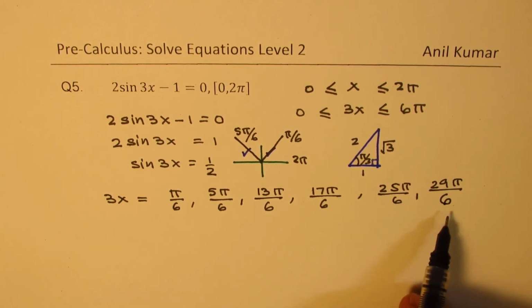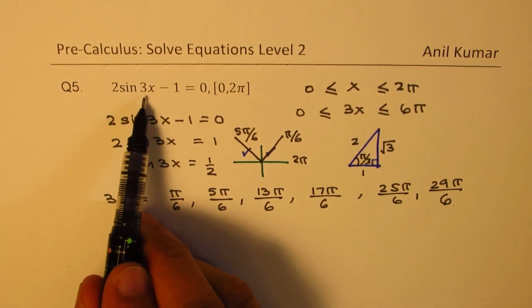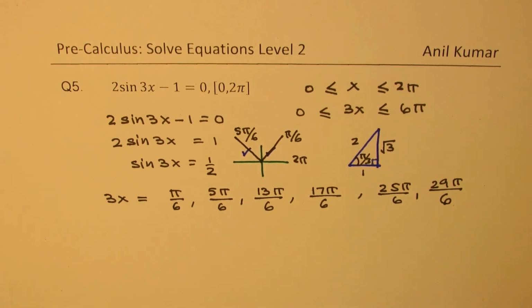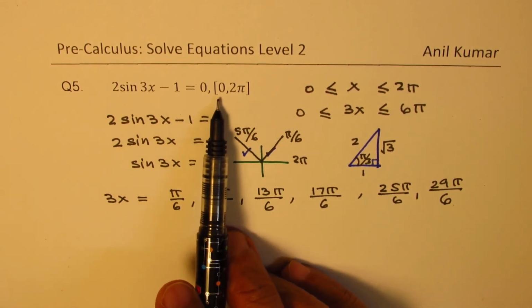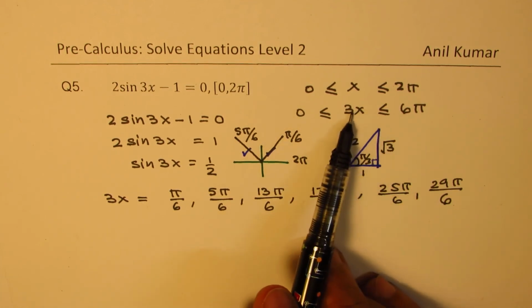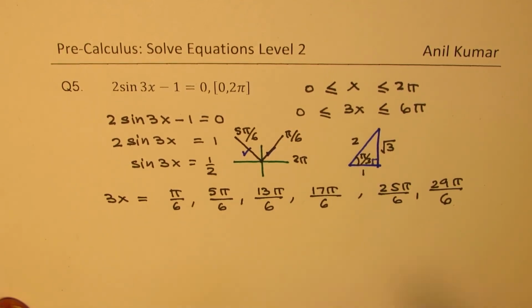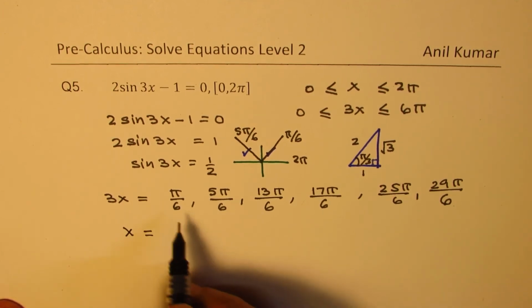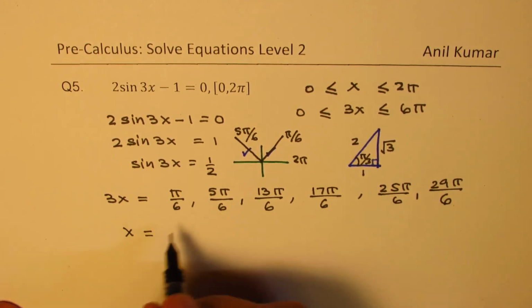So it is important to understand that when the domain is like sine 3x, then the restriction which was given, 0 to 2 pi, has to be treated as 0 to 6 pi for 3x. Correct? So the solution now is x equals, you divide all of them by 3.